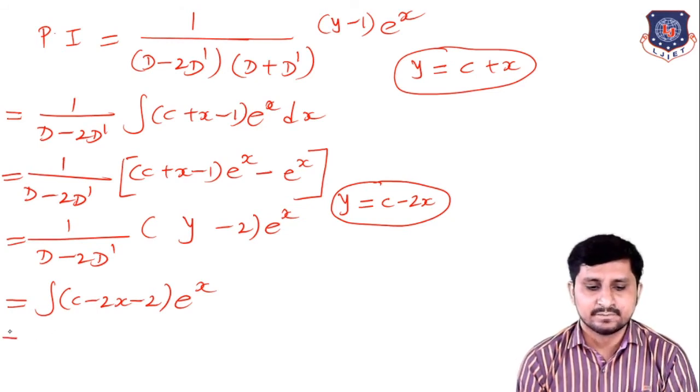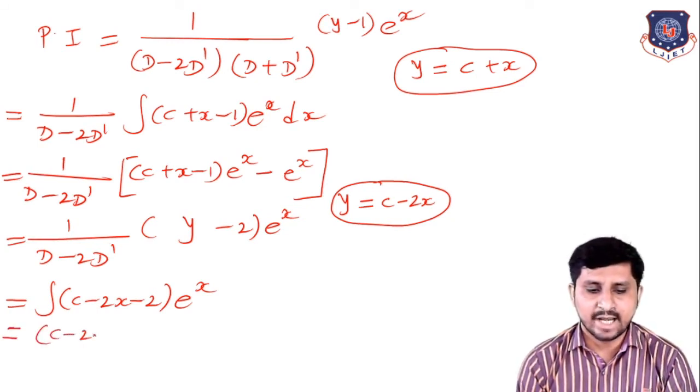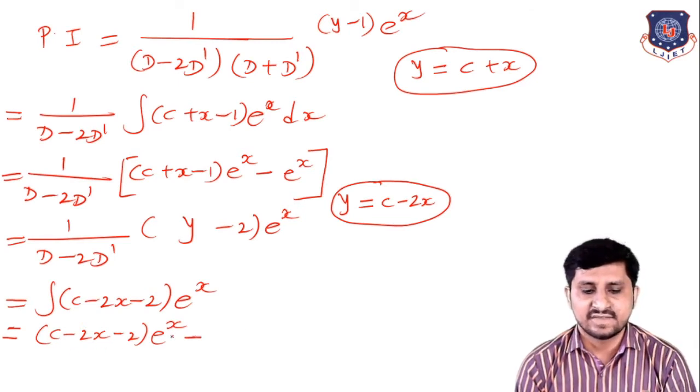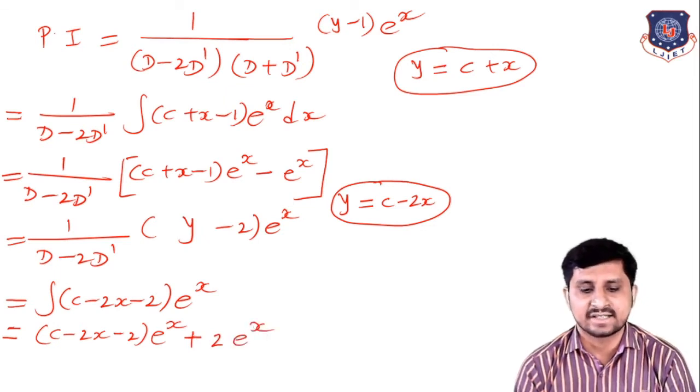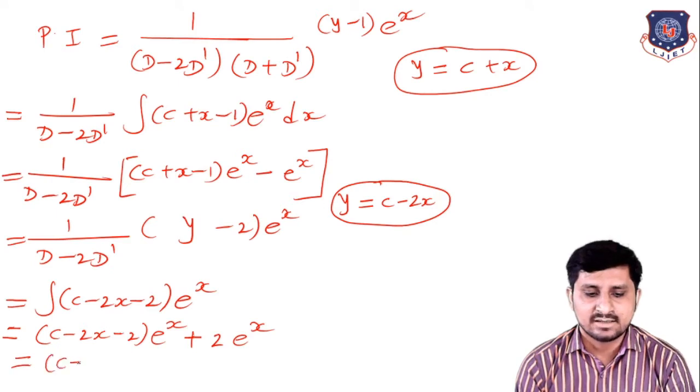So (c - 2x - 2) as it is, times the integration of e^x, that is e^x, minus the differentiation of this function, that is -2, so minus minus becomes plus 2, and the integration of e^x is e^x. So the -2e^x and +2e^x cancel out. Finally we get (c - 2x)e^x.